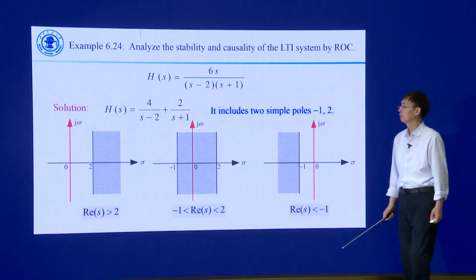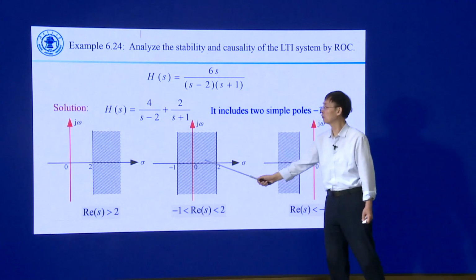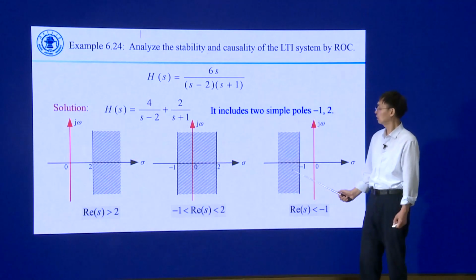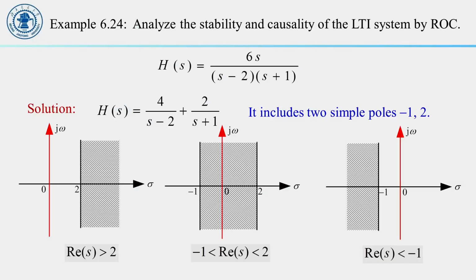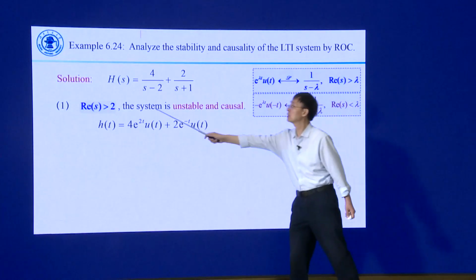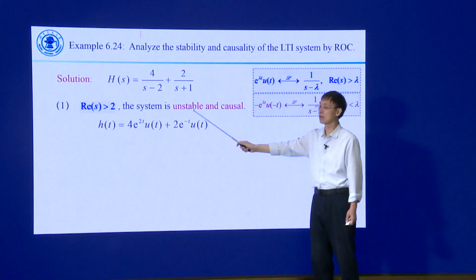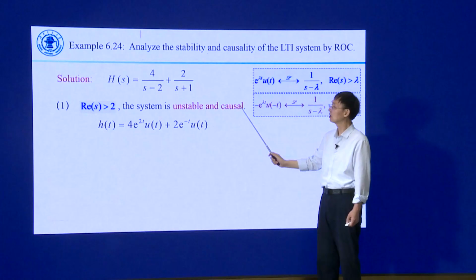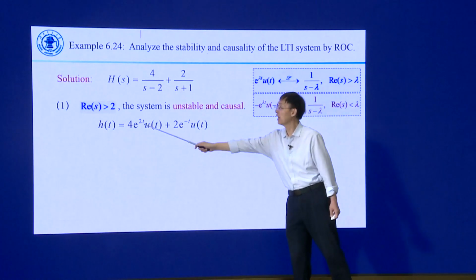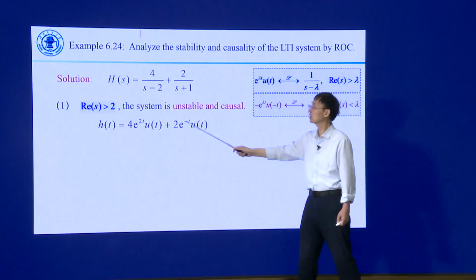From the region of convergence, we know only for this region of convergence the system is stable. For this region of convergence, the system is unstable and causal because h(t) is a causal signal.